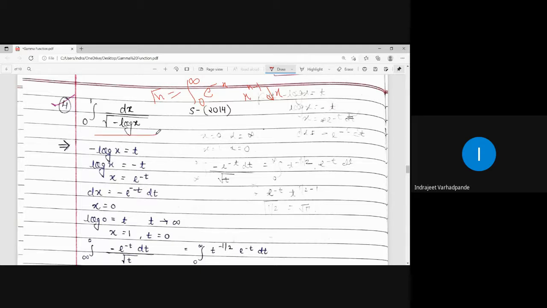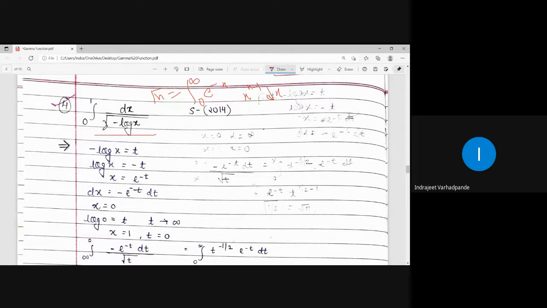minus log x. So up till now we have not yet discussed about the beta function. So obviously we will be trying to fit it into the definition of the gamma function. In the gamma function, requirement of the integral is 0 to infinity, and other term which is expected is exponential with a negative index, right?